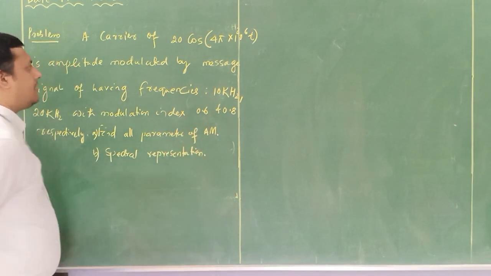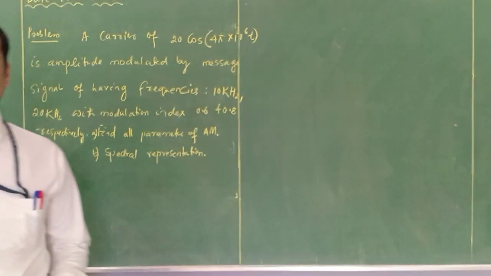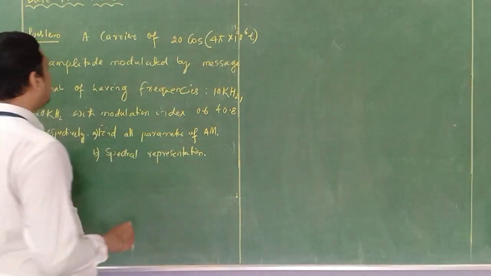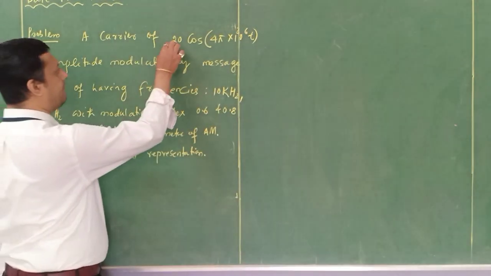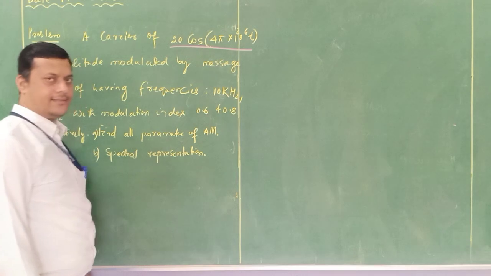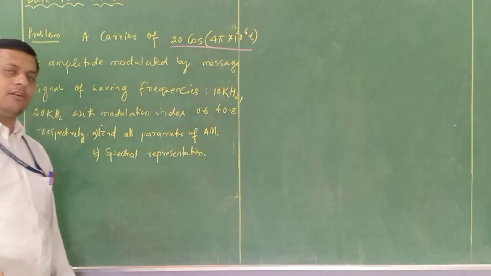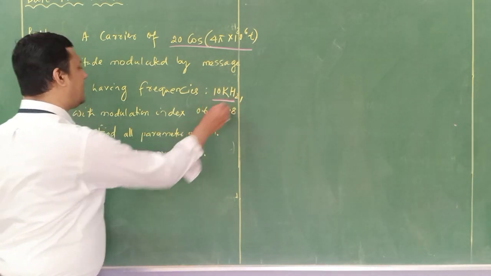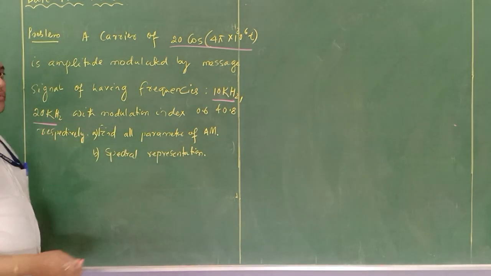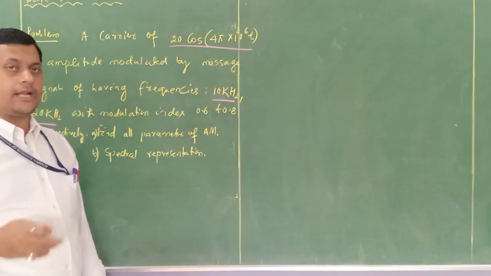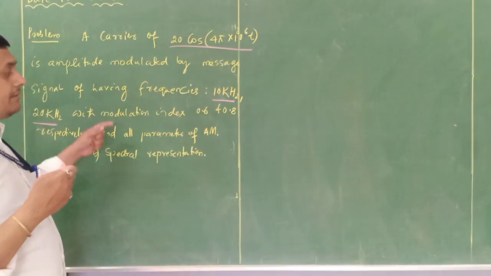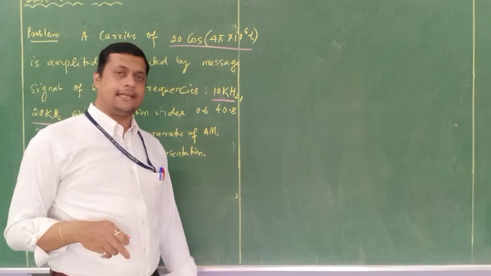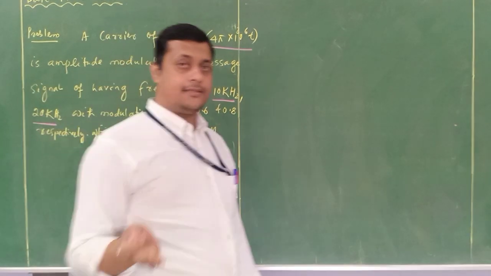Okay. Now in this question, what is your modulating signal? First, the carrier is available. This is my carrier signal, which is amplitude modulated with respect to a message signal in which two frequencies are available. What I have told you is that if a modulating signal has only one frequency, it is called single tone.